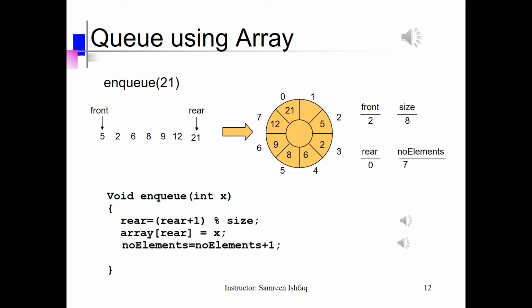The result is assigned to the rear variable. In line 2, the value that user wants to insert, that is 21 in this example, is inserted at the rear position of the array and number of elements is increased. Before, number of elements was 6, now it will become 7.